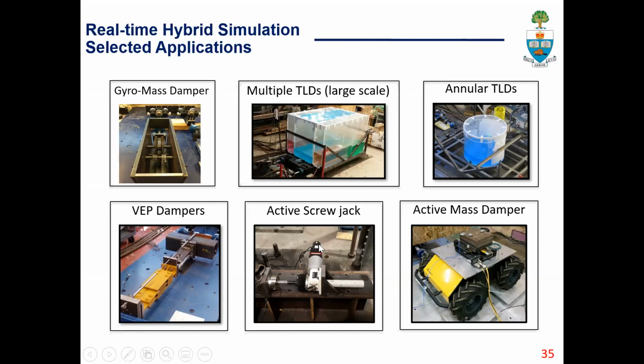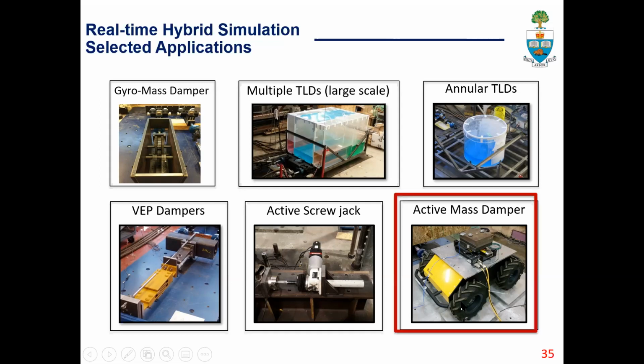So we automated this by introducing a DC motor and use this as an active component to understand the dynamic response interaction between this device and a structure. We performed real-time hybrid simulations.